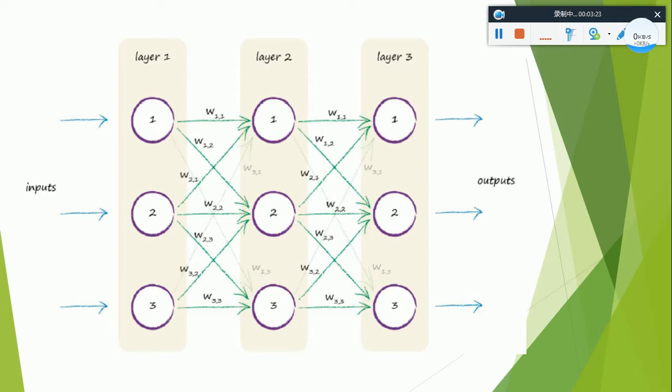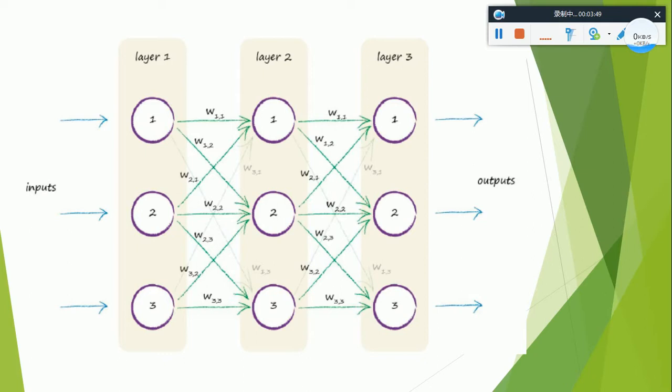In this course, we have an example. It has three levels, and each level has three nodes. The first level just receives the input signals and feeds these signals through the neural network, and then it produces the output.